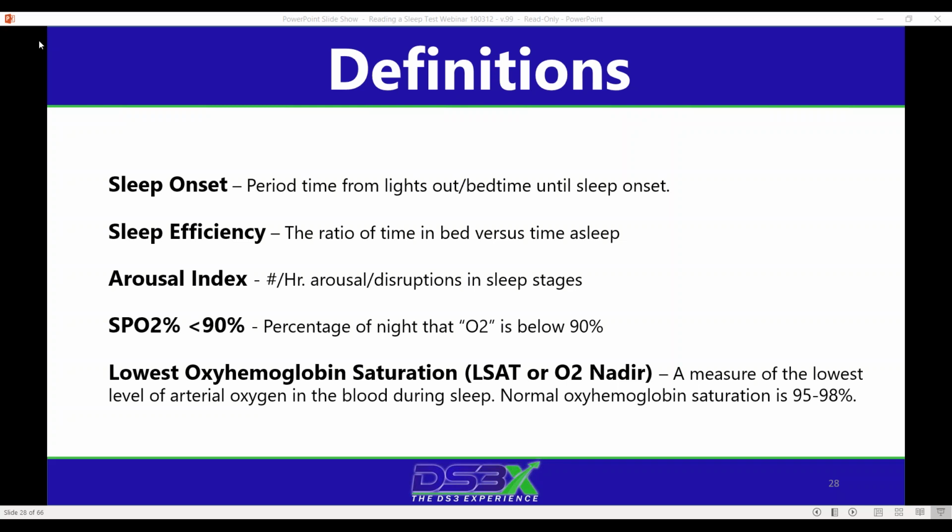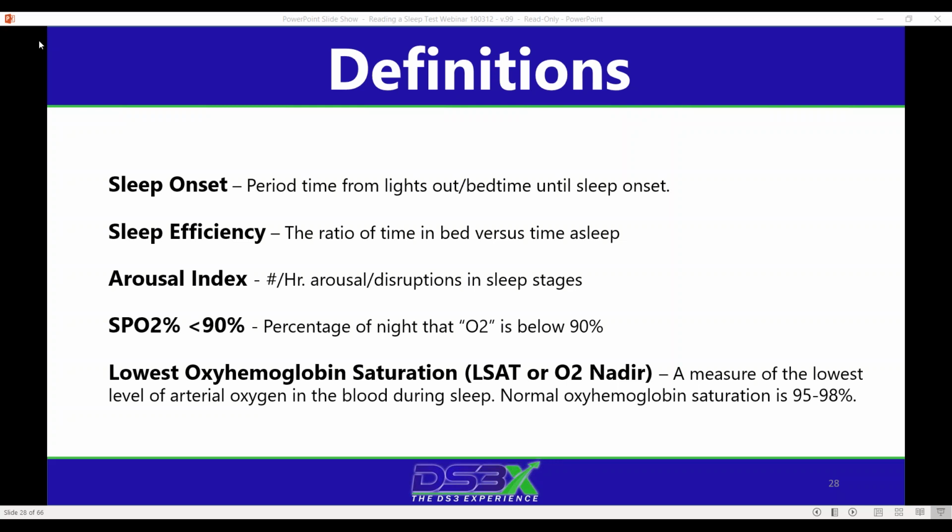Arousal index is basically when you're going from deeper sleep to lighter sleep, and that can be associated with airway events or not. But it's when patients are not sleeping well, they're in deep sleep, delta sleep or REM sleep, and then they jump out of that normal sleep for some reason.